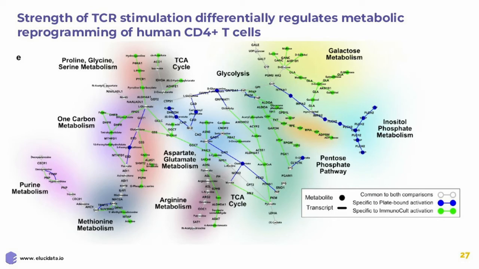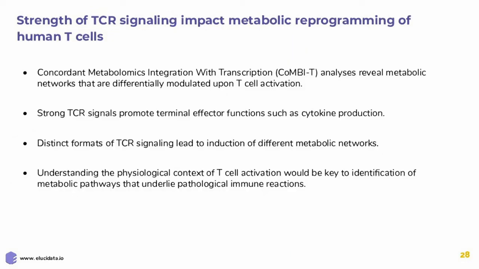So if I had to just take a moment and summarize the data that I have shown you, what we found is that looking at this combinatorial integration of distinct data sets, transcriptomics and metabolomics, has the potential to reveal key nodes that are changed in T cells upon activation. And essentially, distinct formats of TCR signaling can lead to different metabolic networks.